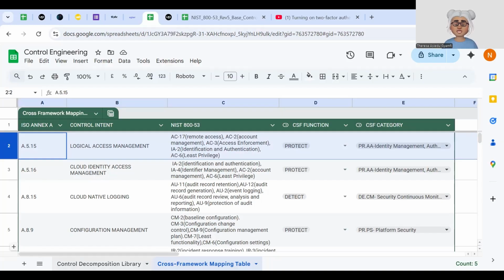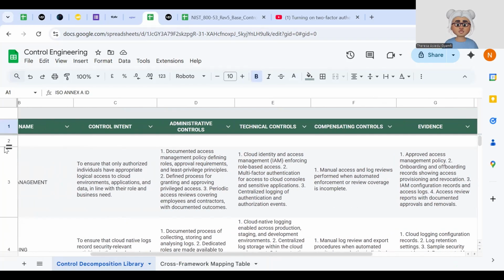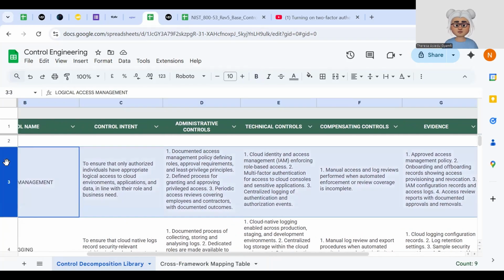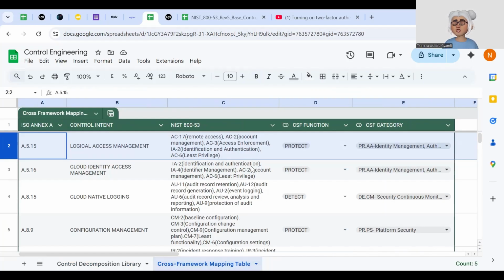So essentially, we are saying that if we are able to implement these controls I talked about earlier on properly and efficiently, then we'll also be meeting the demands of the access control family and identity and authentication control family of NIST 853.